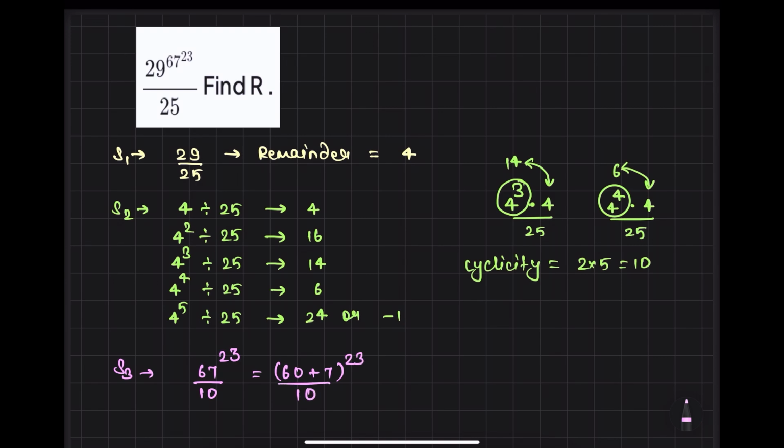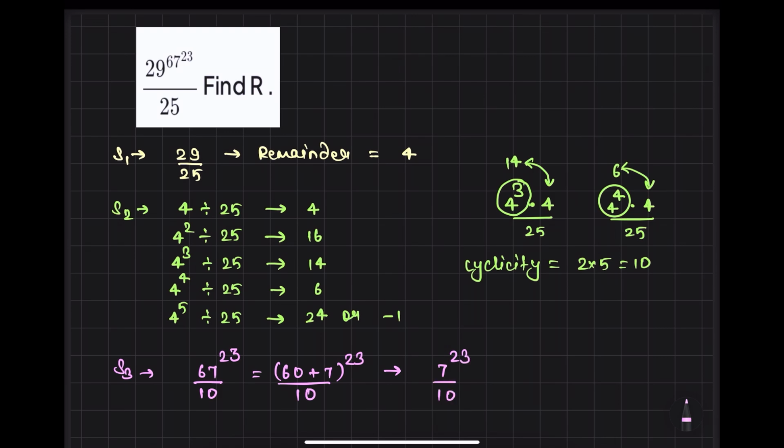Now we can apply the binomial concept. The element in which 60 is present will be divisible by 10. So all the responsibility is on the last element, which is 23 C 23, which is 1, times 60 power 0, 1. So we are left with 7 power 23 by 10.